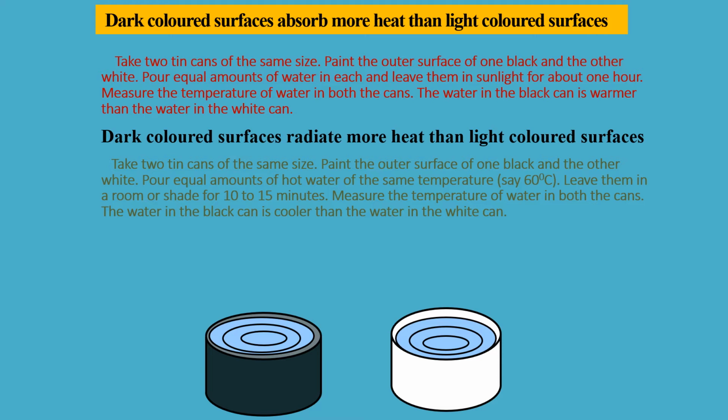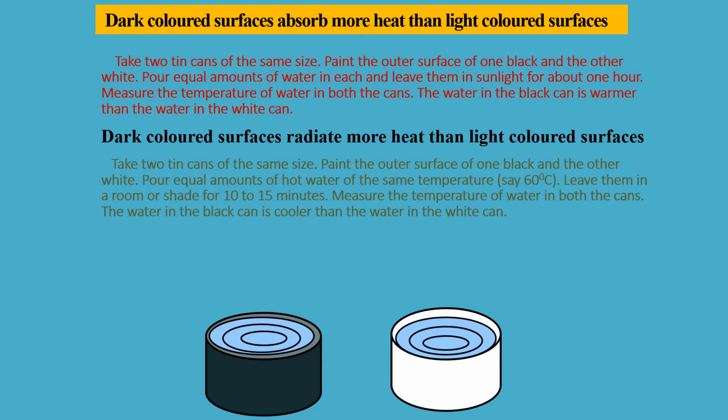The same is applicable for losing heat. Dark colored surfaces radiate more heat than light colored surfaces. Again, two tin cans of the same size can be taken, paint one outer surface as black and the other as white. Fill equal amounts of hot water of the same temperature, say about 60 degrees Celsius, and leave them in a room or shade for 10 to 15 minutes.